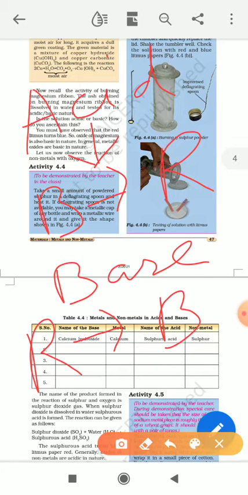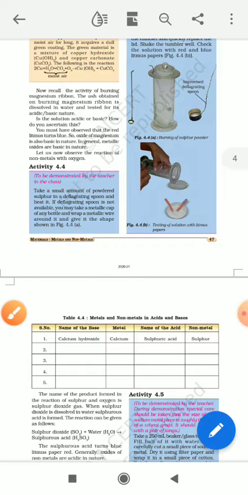Litmus paper is made from lichen, one kind of plant. So we use litmus paper for the identification of basic and acidic characteristics of a given compound. Clear, children? Now I think that much is clear.